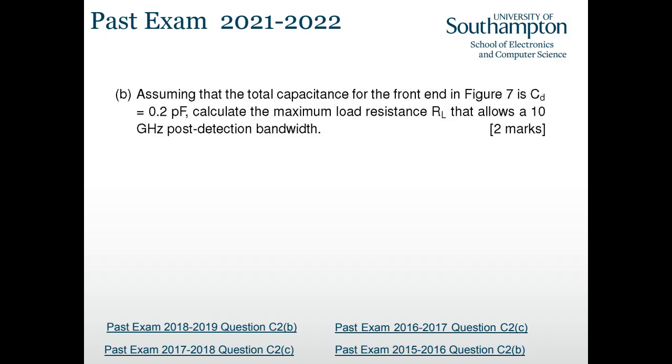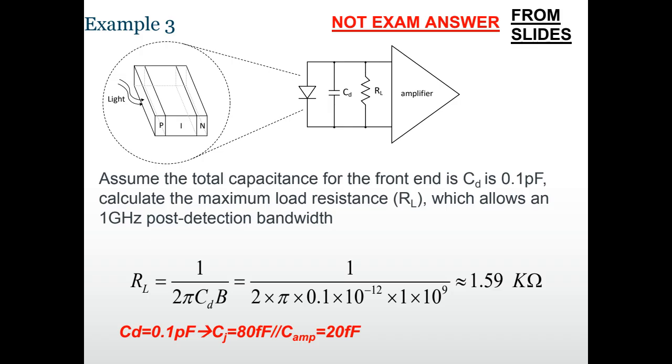So next question, if we assume the total capacitance for the front end is CD, then calculate the resistance that allows this pulse detection bandwidth. Basically, the optical detector together with the amplifier is equivalent to an RC circuit. This is from the slides, it's equivalent to an RC circuit.